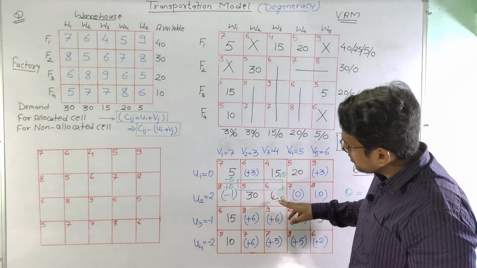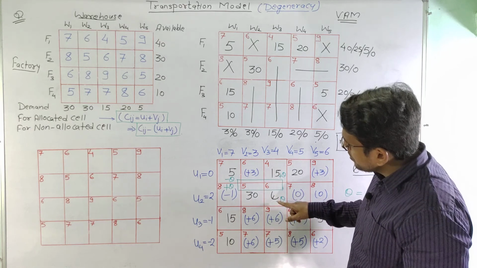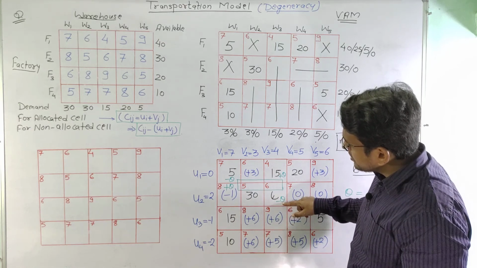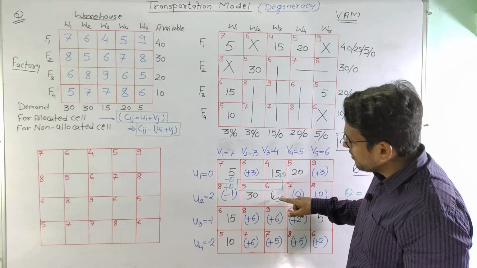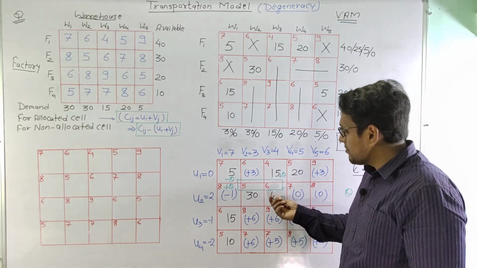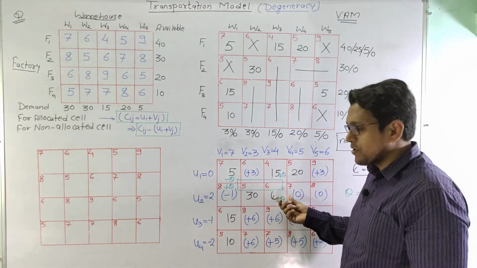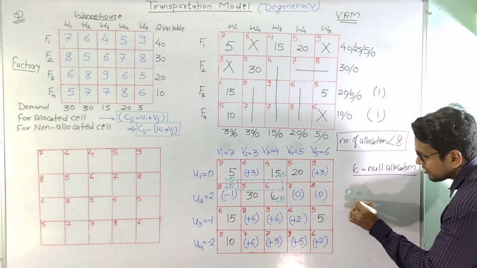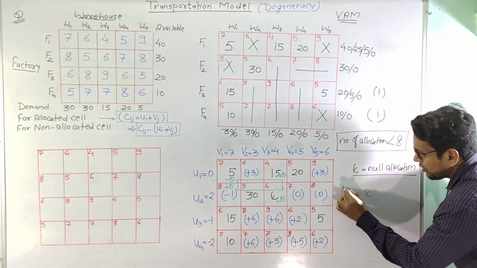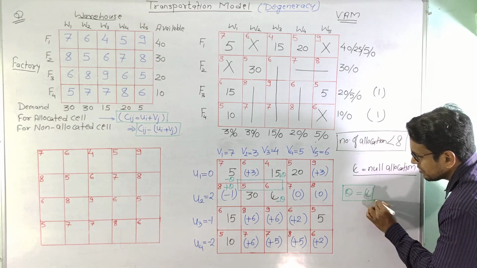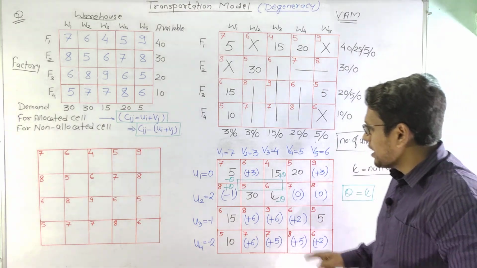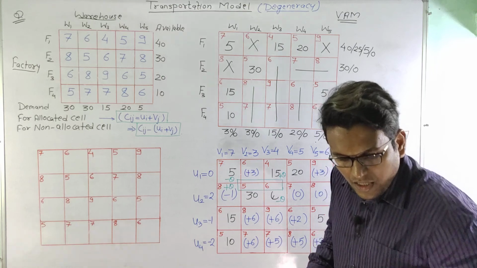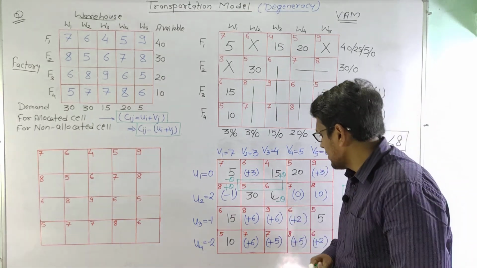So what we will do is, the maximum value of theta in this particular cell can be epsilon. That means it can be epsilon minus epsilon. So in this particular cell, we will put theta equal to epsilon and put it in this equation.